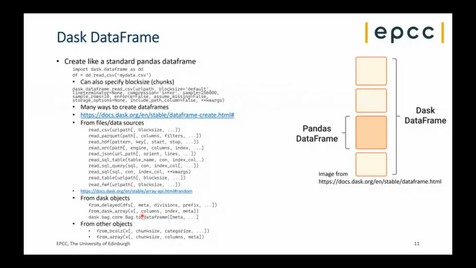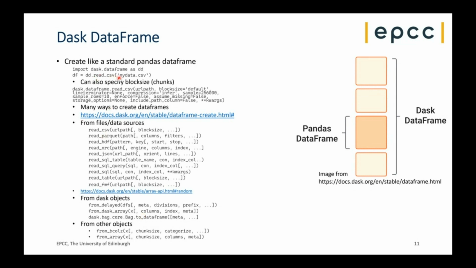Data frame is very similar, but of course, instead of being a NumPy array, it's a Pandas data frame. So the underlying data type is a Pandas data frame. The Dask data frame puts a bunch of those together. This time, you don't necessarily have to specify the chunk size. The chunk size will be created for you by Dask, but you can specify one.